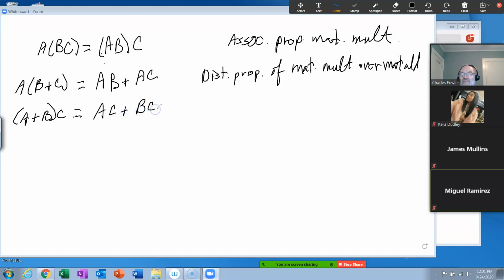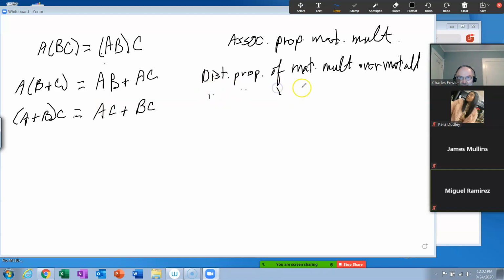Now, one thing to mention here, notice sometimes they put something in front, sometimes at the end. In matrix multiplication, the order matters. Notice there is no commutative property here. There's only associative and distributive. You cannot commute the matrices. So therefore, if you put them this way, you have to keep them that way. Okay? And this is another distributive property.